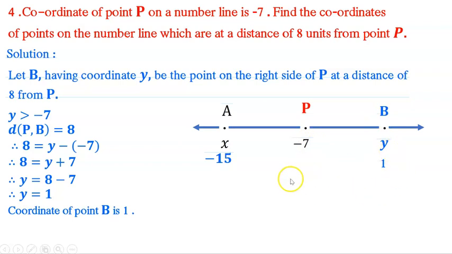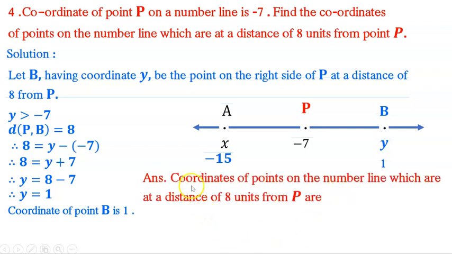Therefore there are the 2 points which are at a distance of 8 units from the point P, one on the left hand side and another on the right hand side. And hence the coordinates of the points on the number line which are at a distance of 8 units from P are -15 and 1.